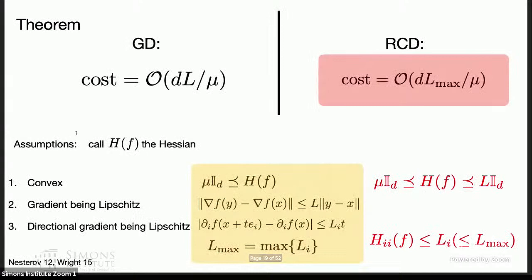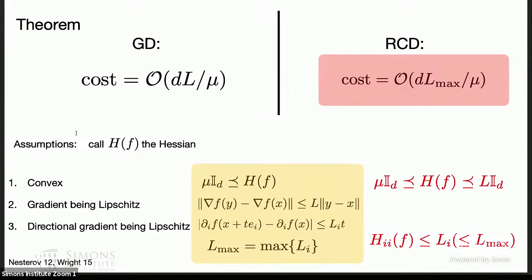There is some dedicated analysis, and eventually we do say that random coordinate descent wins in some sense. For gradient descent, the number of iterations you have to compute is L over mu, with mu being the convexity coefficient and L being the Lipschitz constant for the gradient. On top of that, because in each iteration you compute d partial derivatives, the cost is this much. That's a very classical result.